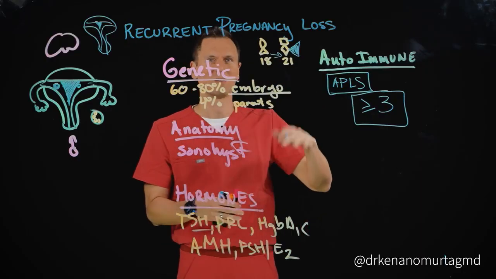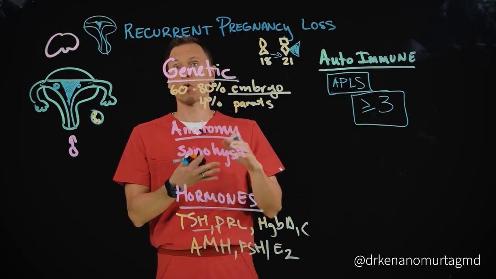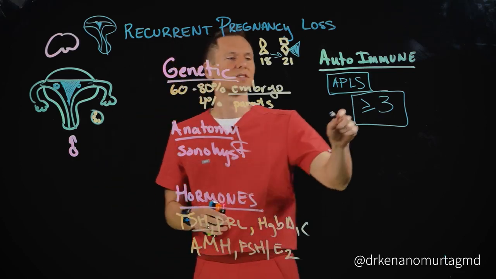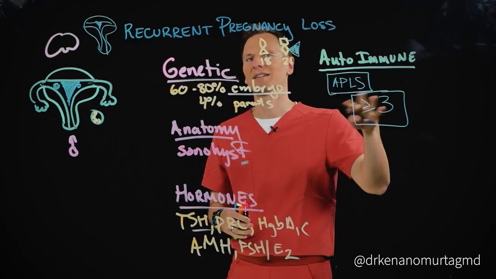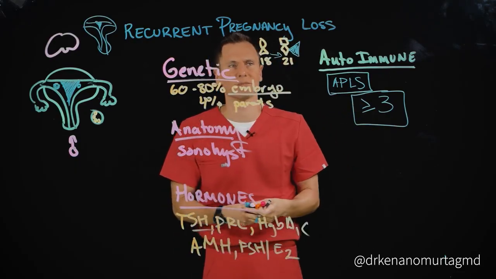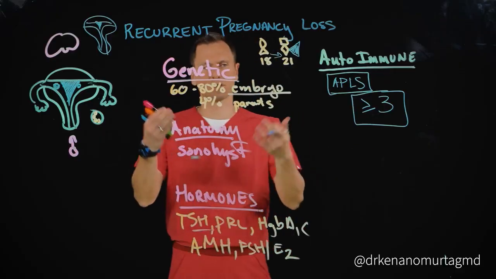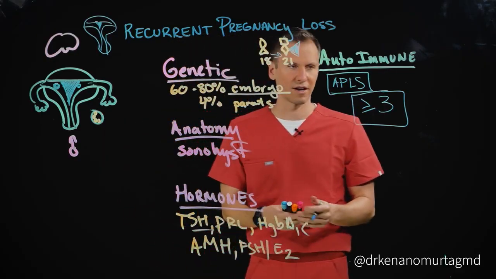If you do it at that point, it may not be covered by insurance. It's more likely to be normal. So we usually try to wait for 3 losses before doing this testing, but many times we just test everybody. Again, there's variation, so talk to your doctor about what's right for you. And for those learners watching this, variation in practice is not unusual in this area.